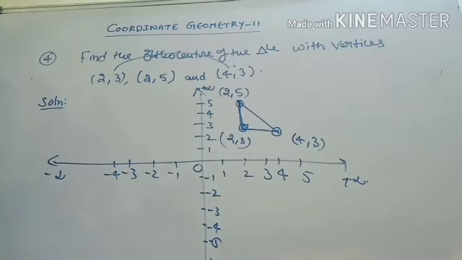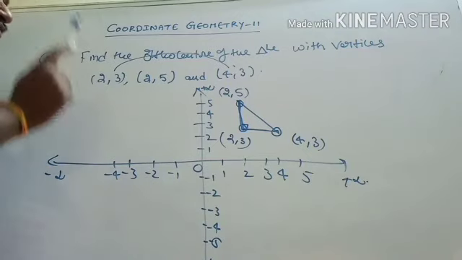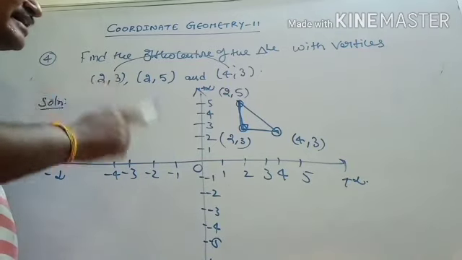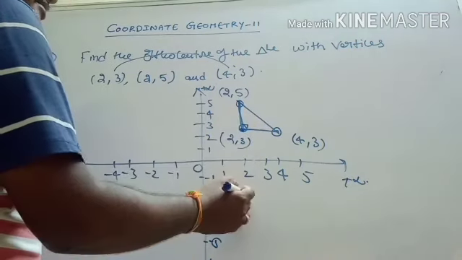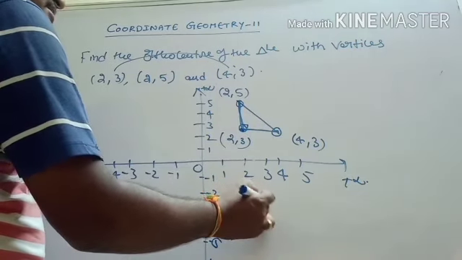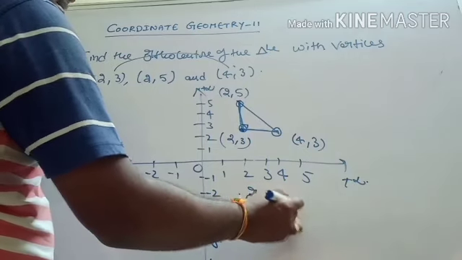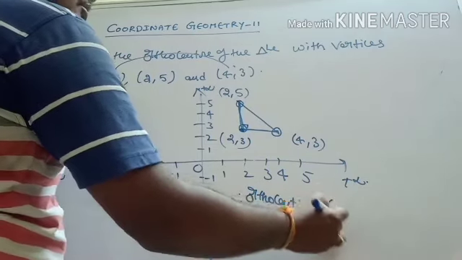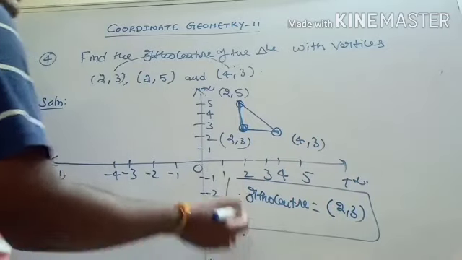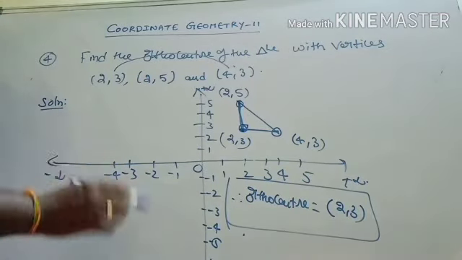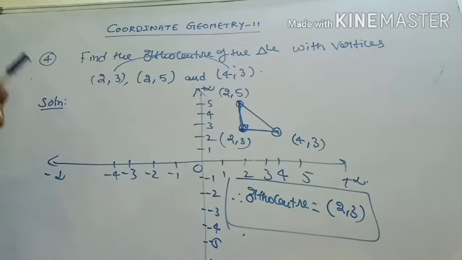We already told that for a right angle triangle, the orthocenter will be at the vertex where the right angle is forming. Therefore here the right angle is forming, therefore the orthocenter is nothing but 2 comma 3, because for a right triangle the orthocenter is at the vertex where the right angle is forming.